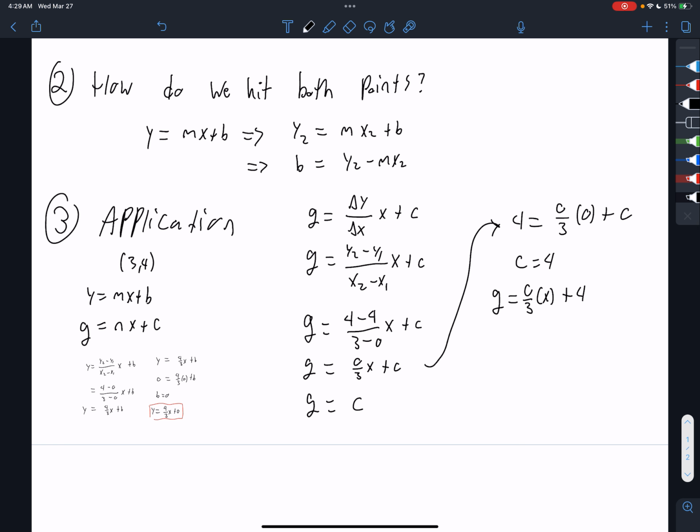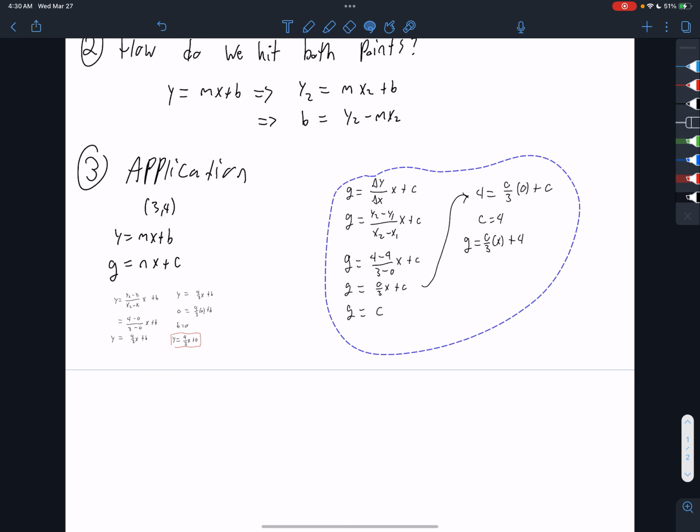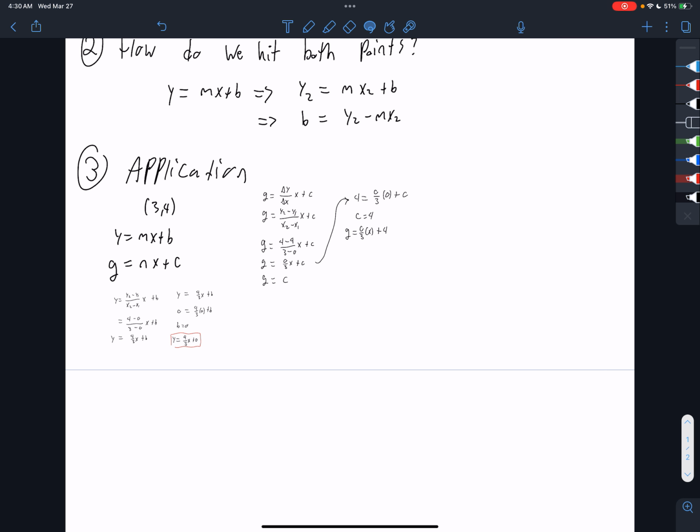And then a nice way to check it is we can just plug in the values at the point x, and we should see that both of them hit 4. So we'll just double check it. We have 4 over 3 times 3 plus 0 is equal to, in this case, 4 over 3 times 3, which is equal to just 4.